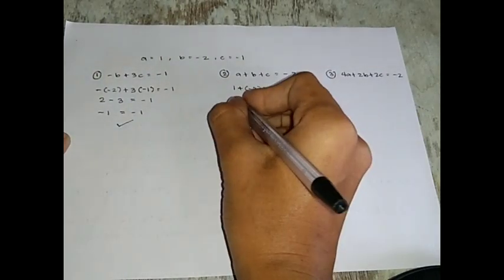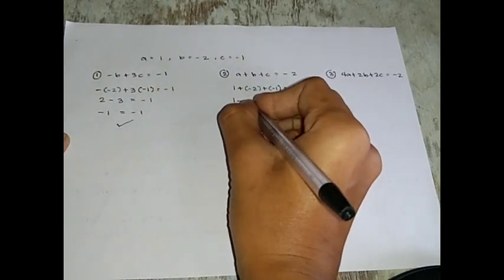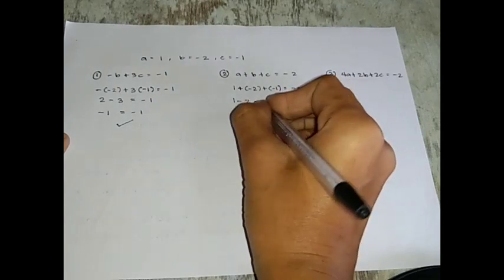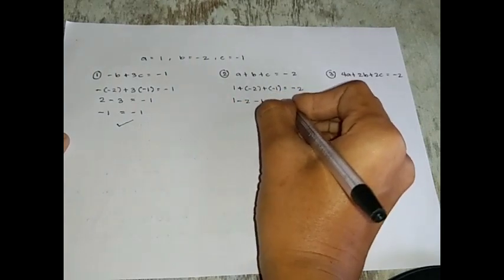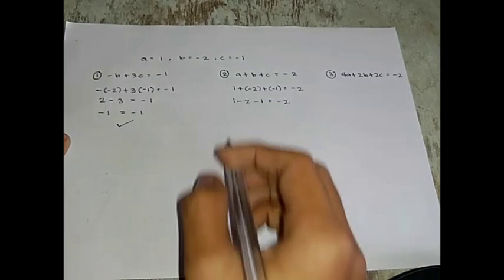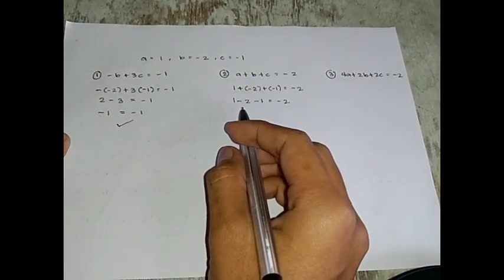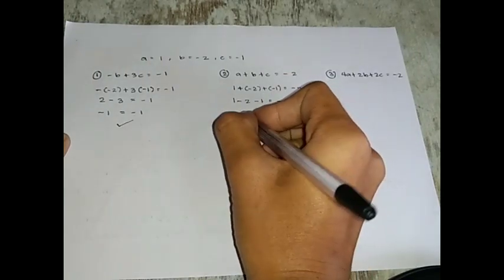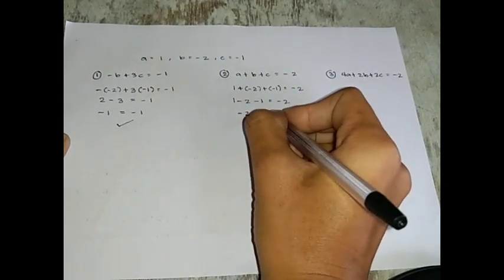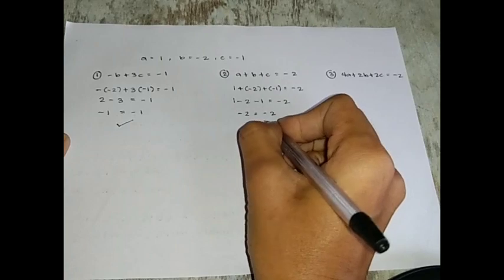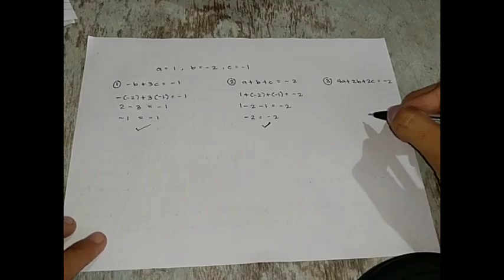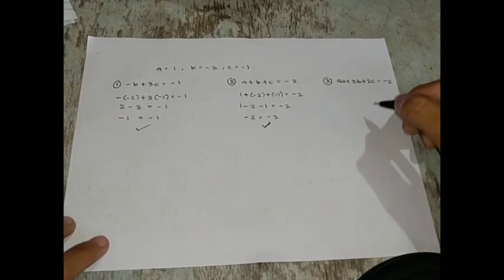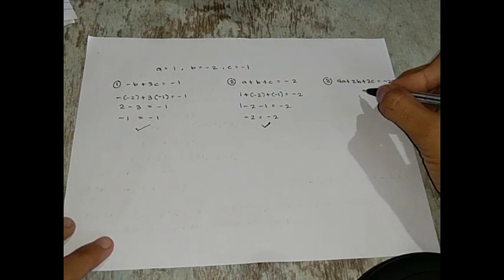So, 1 minus 2 minus 1 is equal to negative 2. So, 1 minus 2 is negative 1. Minus 1 is equal to negative 2. So, these are equal.